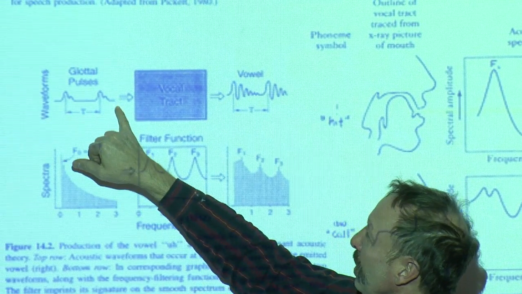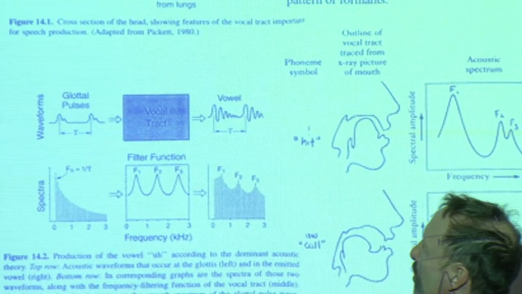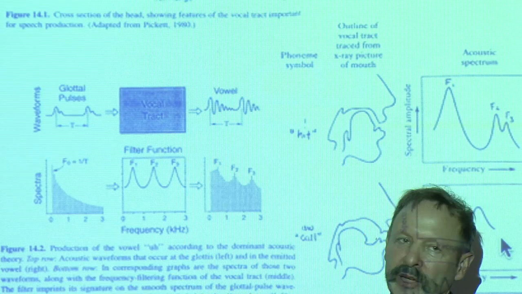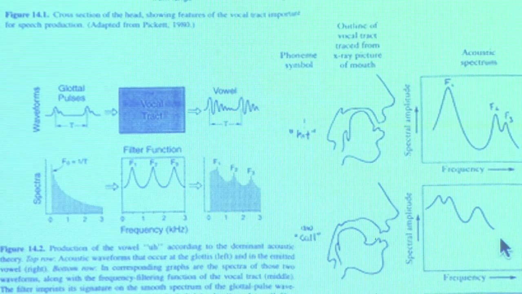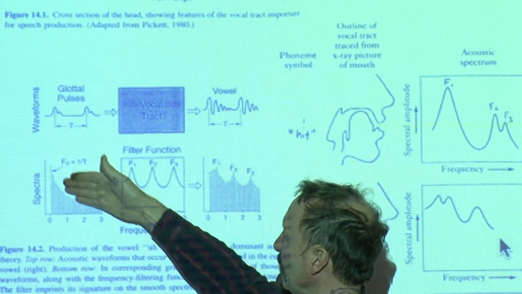So this opening and closing of the air through the glottis forms this very complicated waveform. If you look at the spectrum of it, it has a whole bunch of different frequencies. The lowest frequency is the frequency at which these things are opening and closing. But there's a whole bunch of harmonics. So it's a very complicated spectrum.